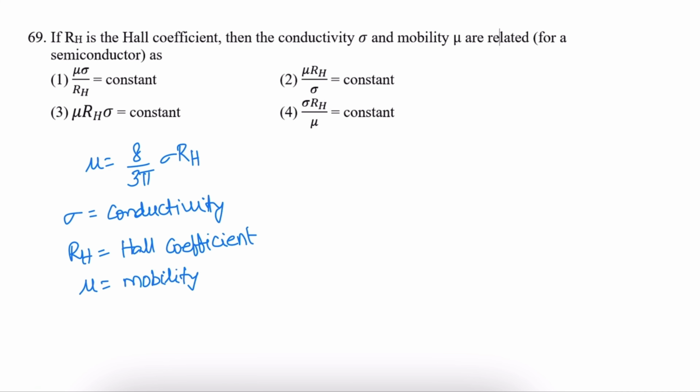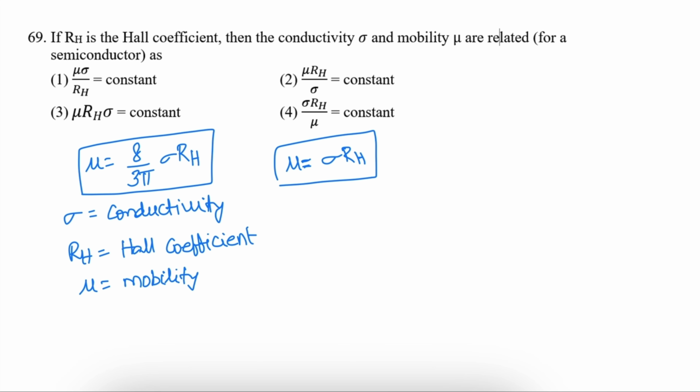Next question. If RH is the Hall coefficient, sigma is conductivity and mu is mobility, all these three parameters are related as mobility mu is equal to 8 by 3 pi times sigma RH. Approximately, 8 by 3 pi is approximately equal to 1. So mobility is approximately equal to sigma RH, that is mu is equal to sigma RH.